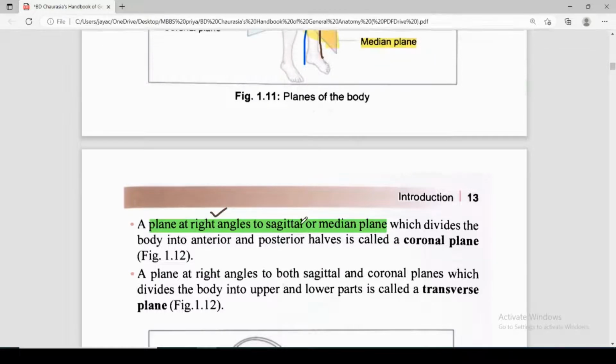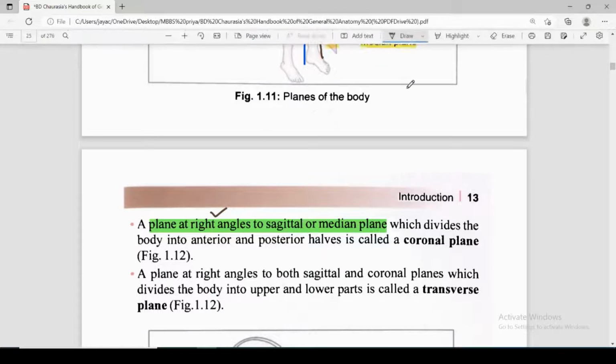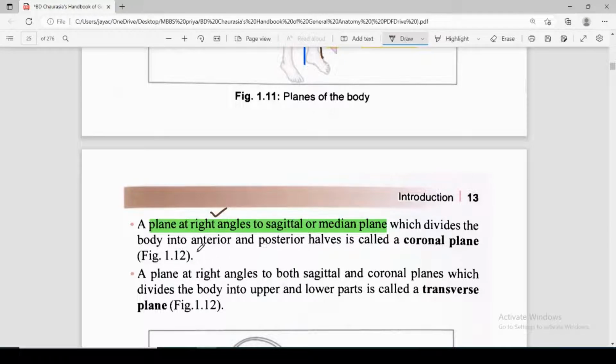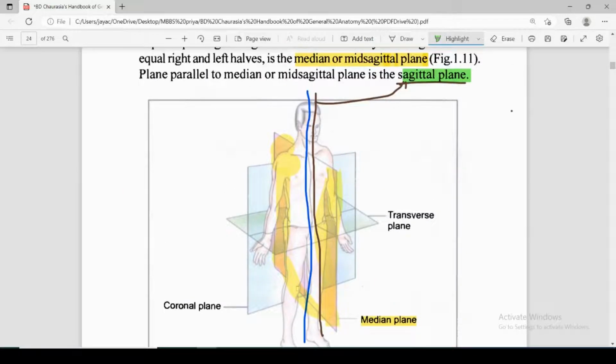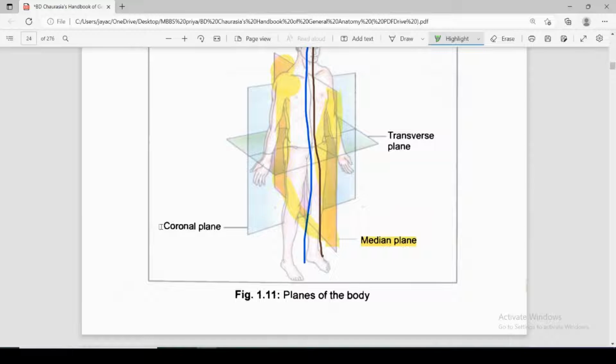So right angles to the sagittal or median plane, which divides the body into anterior and the posterior half, is called the coronal plane. It is the coronal plane. This is the coronal plane.